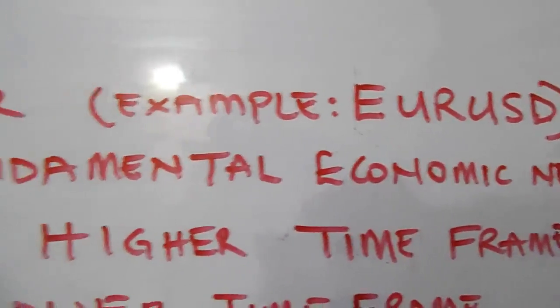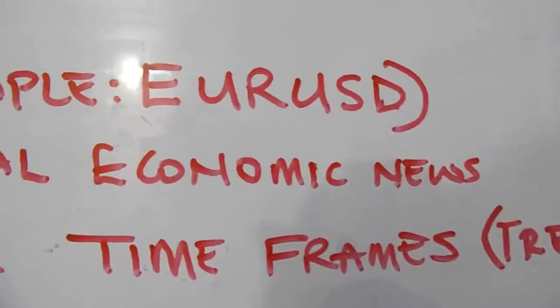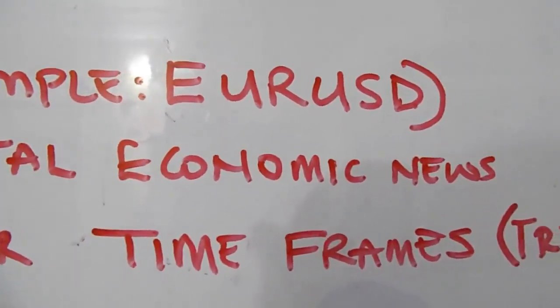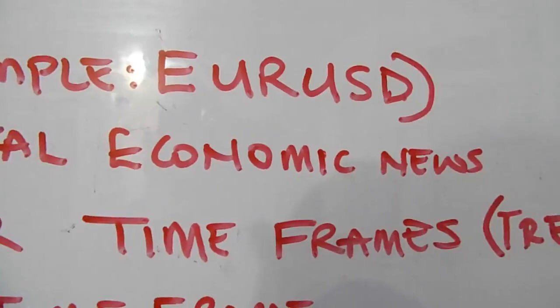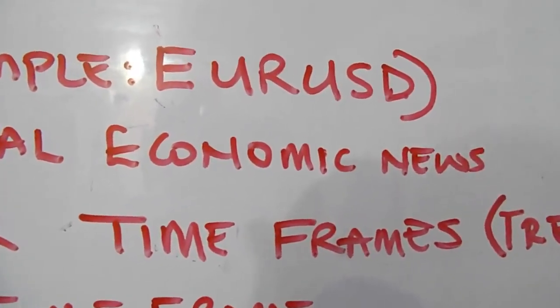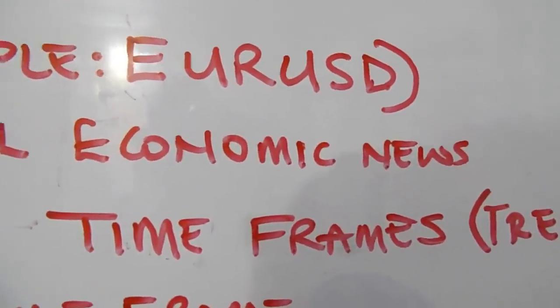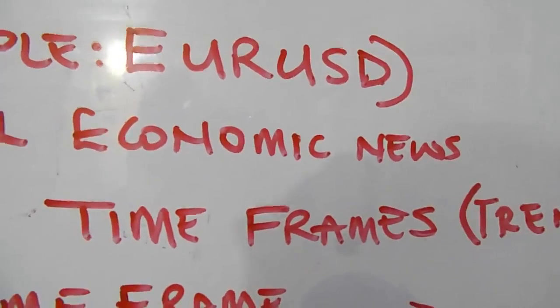fundamentals, check for the fundamental economic and news concerning the Euro as a zone, as a region, or as a part of the continent, or what the activity is that concerns Euro as a currency. You have to look at those things. Look at the news.